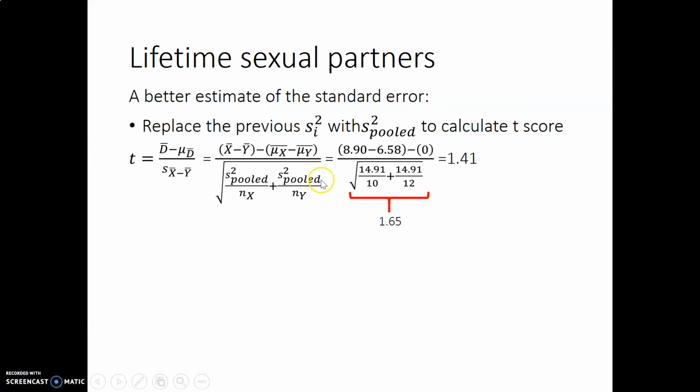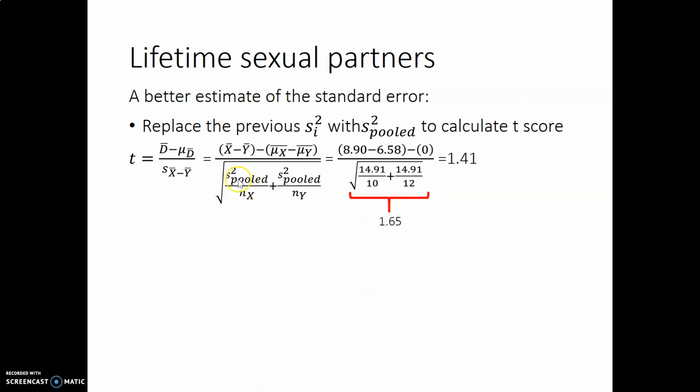And then we calculate the standard error for this sampling distribution of the mean difference. Here is the equation for how to calculate that. Still, we want to give different weight for different sample sizes.